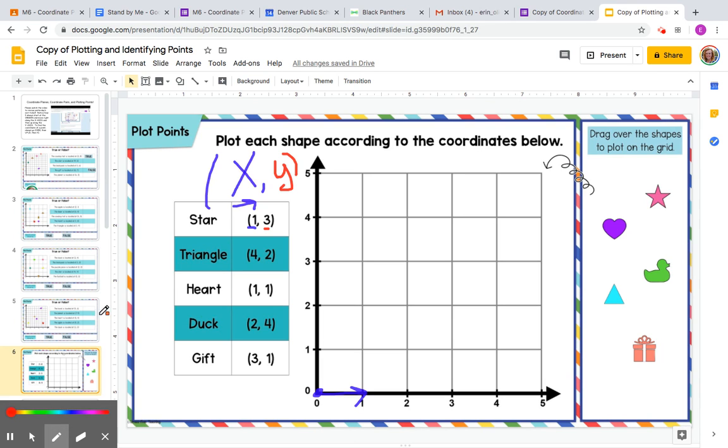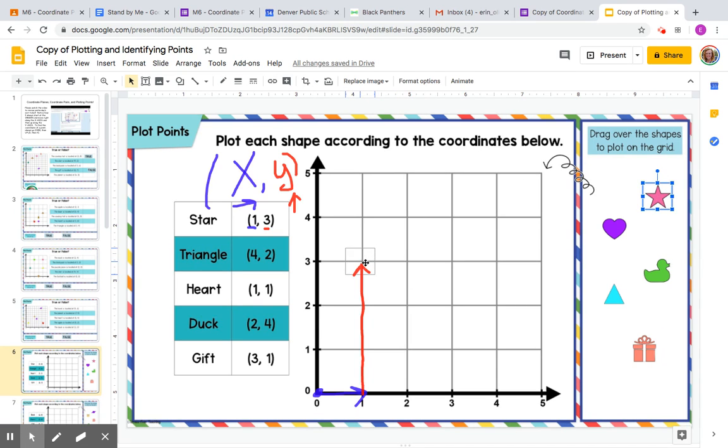Now I have to go up 3. 1, 2, 3. And that's where I'm going to put my star. It's over 1, up 3. It's at 1, 3, x, y.